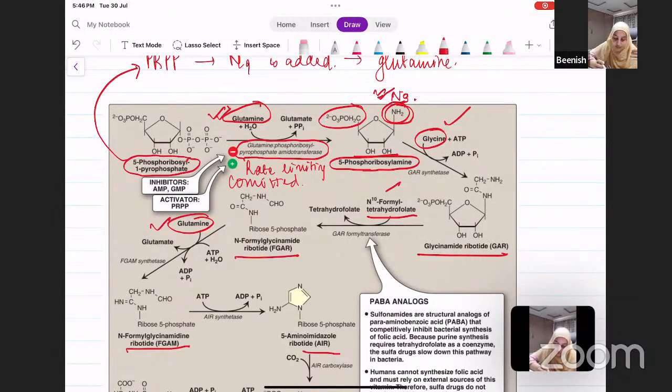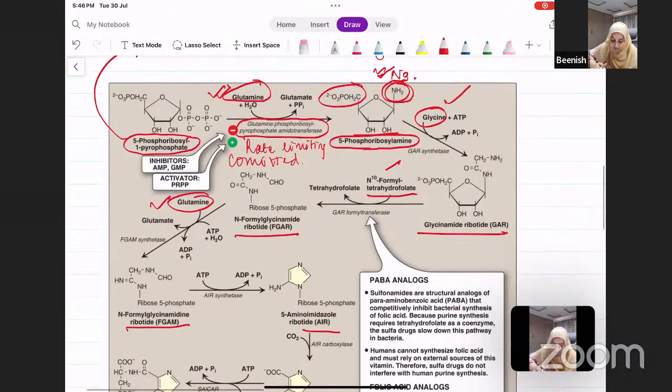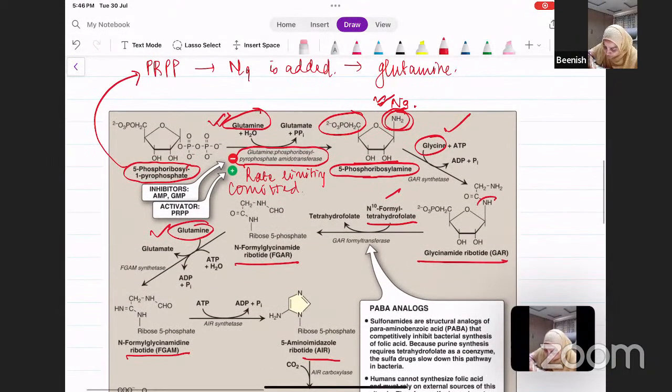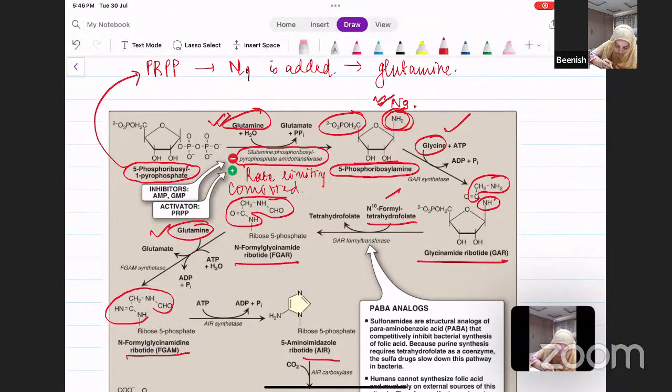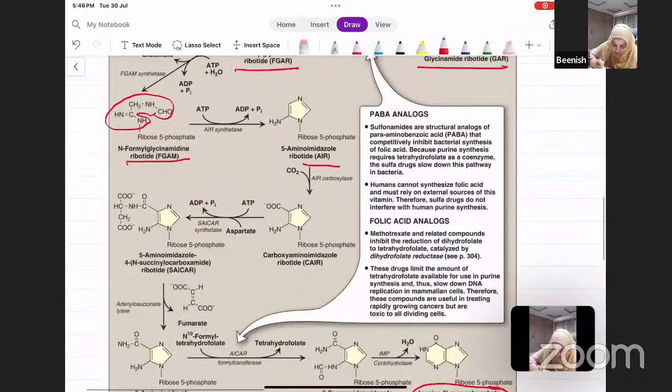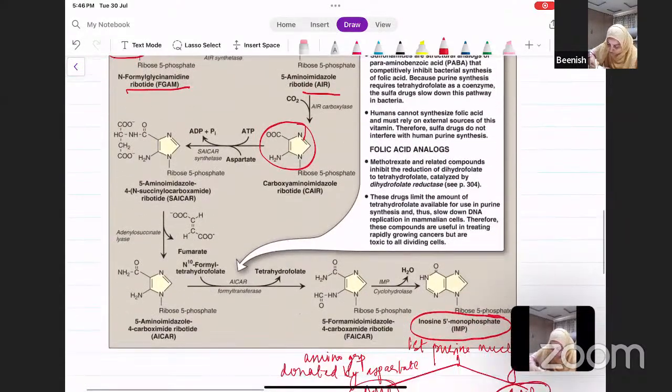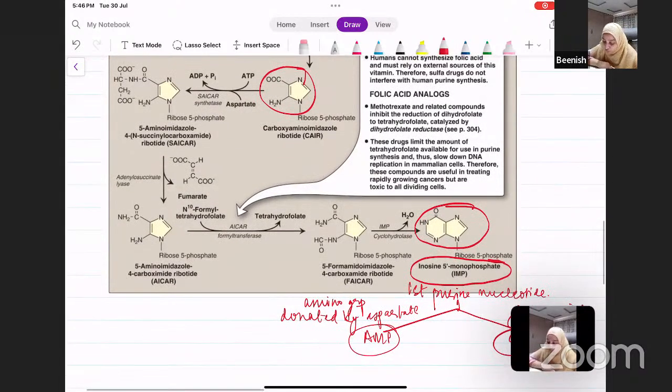Then glutamine is going to give its nitrogen. All the contributors are going to come, and ultimately you can see the ring being formed. This was the nitrogen 9, then this is the contribution of glycine taking place. Then you can see the contribution of tetrahydrofolic acid, then the contribution of glutamate. Ultimately, you can see the ring coming into shape, and finally you end up with inosine monophosphate.